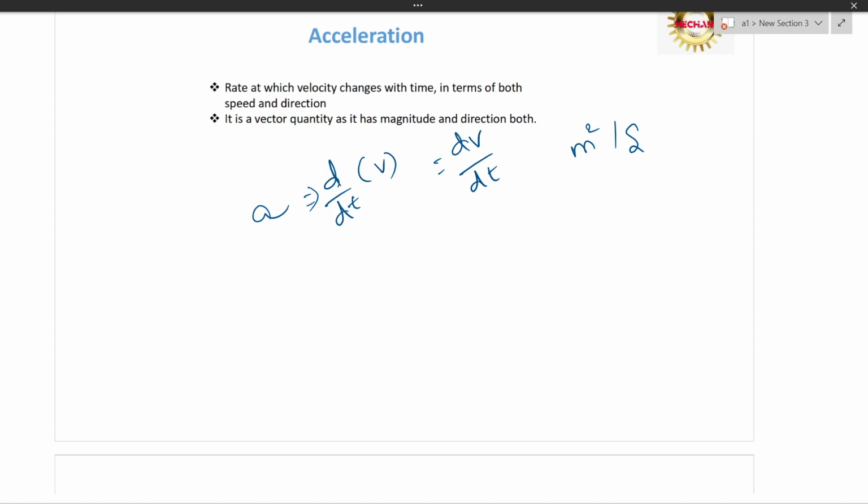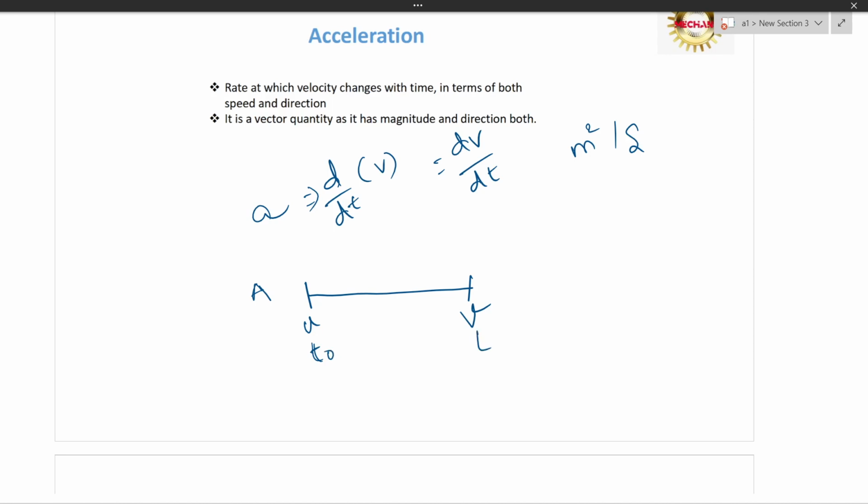If the acceleration is in the negative direction, we call it a deceleration. If we want to explain acceleration, consider this example. Person A travels at velocity u, but he has to increase his speed to velocity v. Initially the time would be t0.